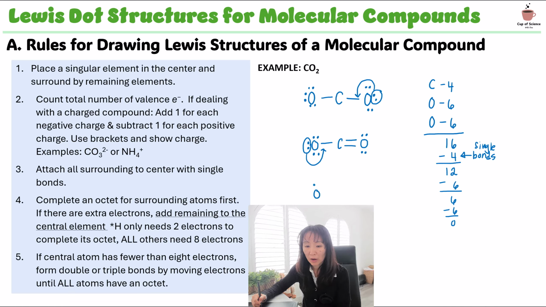So here's my oxygen. I'm going to redraw this, double bond it from here, and we still have the double bond here. Now, did it fulfill the octet for carbon? Let's see, 2, 4, 6, and 8. Yeah, so that particular carbon fulfilled the 8 electrons, and so did the oxygen, 2, 4, 6, 8.